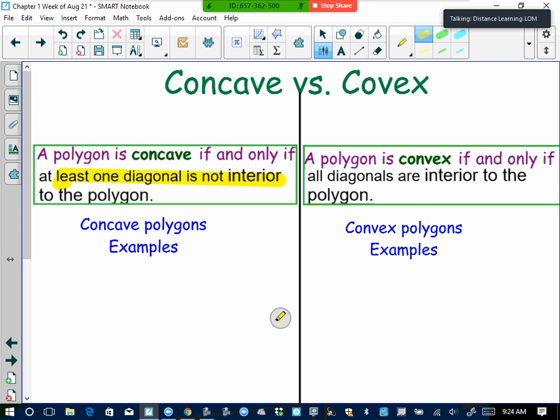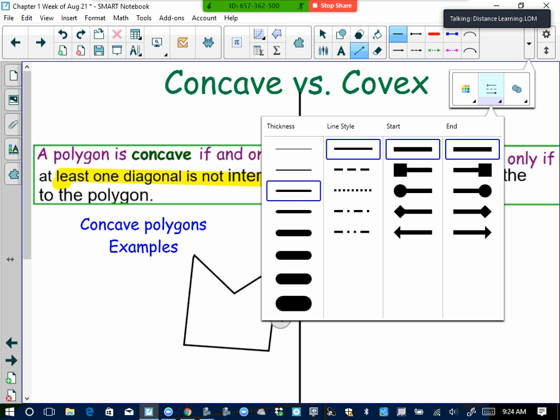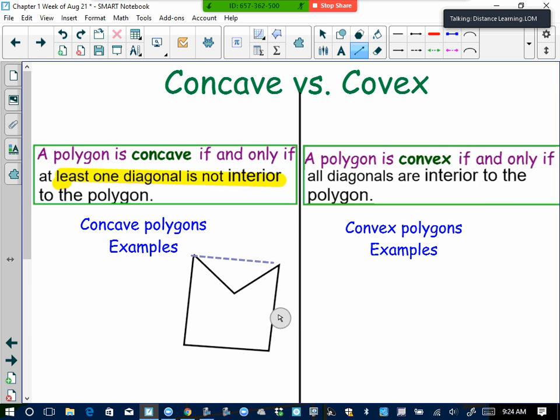So I think of it as caving in. So this is a concave polygon, because I can take a diagonal and show that it's not entirely contained inside the polygon.